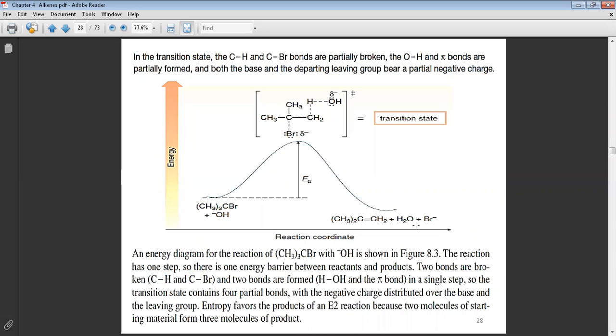The entropy, طبعا عشوائية, is not our work now, but it favors going from the starting material to the product.